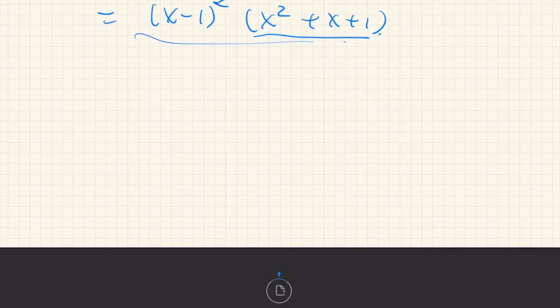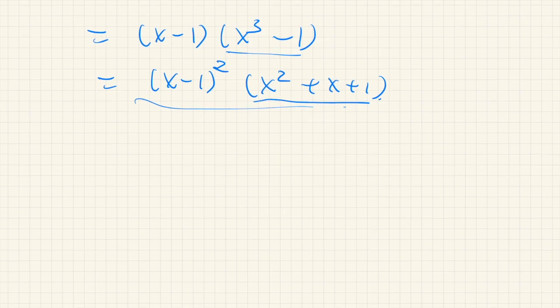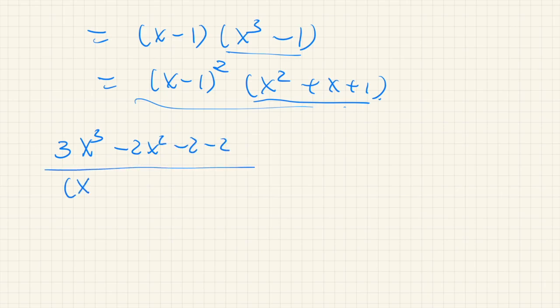Here's how we do it. We have (3x^3 - 2x^2 - 2x - 2) over (x - 1)^2 (x^2 + x + 1). Let's suppose this can be decomposed into (ax + b) over (x^2 + x + 1).